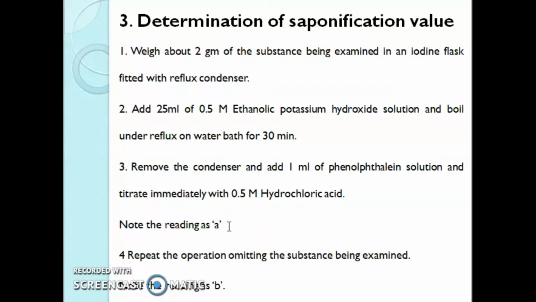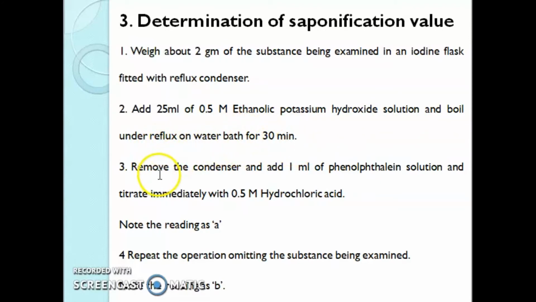Same procedure you have to carry out but without the sample, meaning you have to repeat the operation by omitting the sample being examined. In that, you have to take 25 ml of 0.5 molar ethanolic potassium hydroxide solution and boil it under reflux on a water bath for 30 minutes.